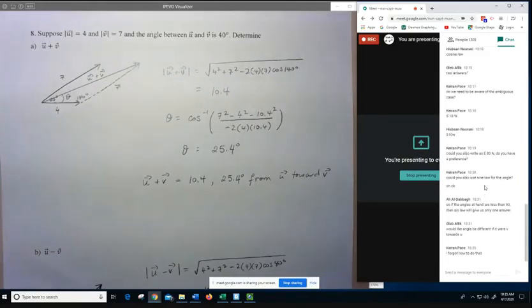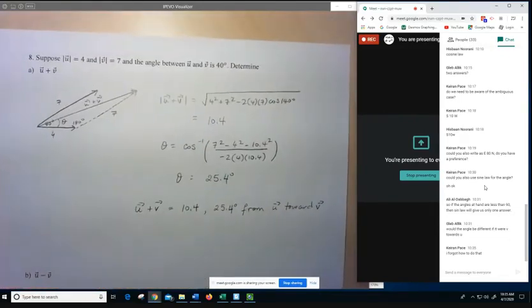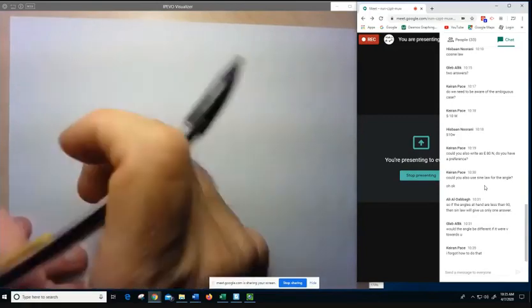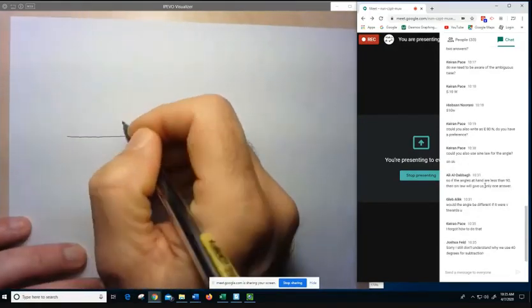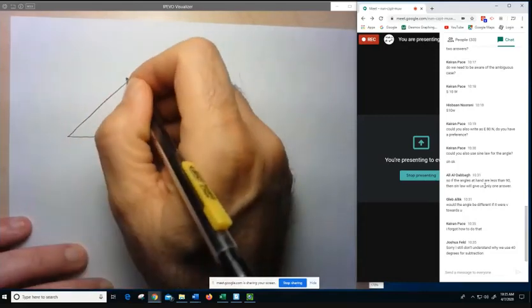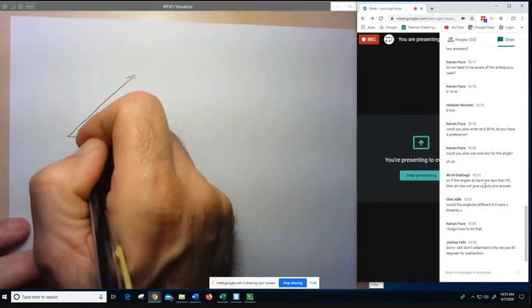Tony, can you repeat one more time why that inside angle is 140 degrees? Yeah, so let me redraw it here. Let me get a piece of scrap paper. So if I start off with, say, this is 40 degrees.